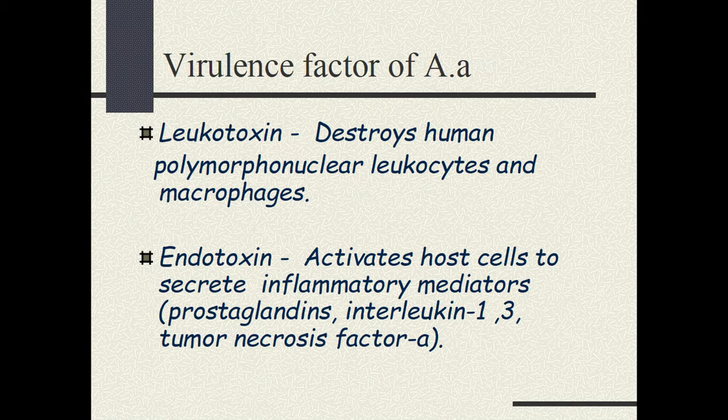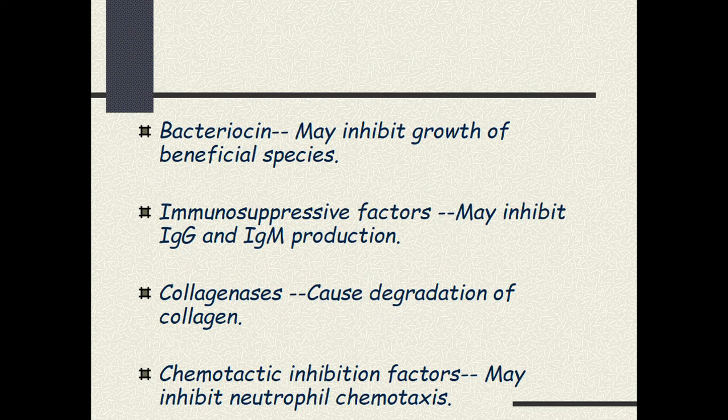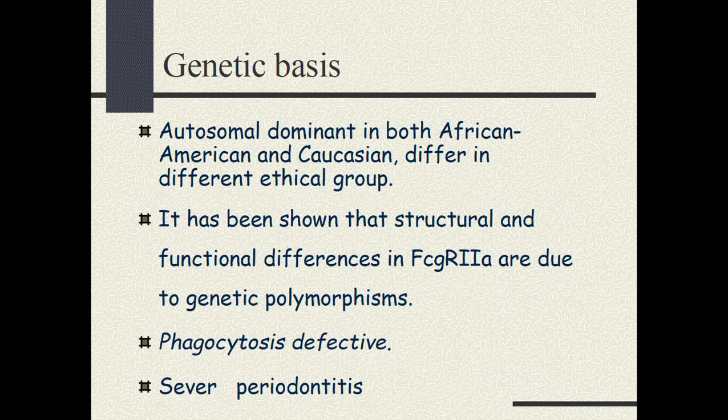They are leukotoxin, which destroys human host cells like neutrophils and macrophages; endotoxins, which activate host cells to secrete various inflammatory mediators, for example prostaglandin, and because of this bone destruction will be more; bacteriocin, which inhibits growth of other beneficial species; immunosuppressive factor, which may inhibit immunoglobulin G and M production; collagenase, which causes degradation of collagen; and chemotactic inhibiting factor, which may inhibit neutrophil chemotaxis.